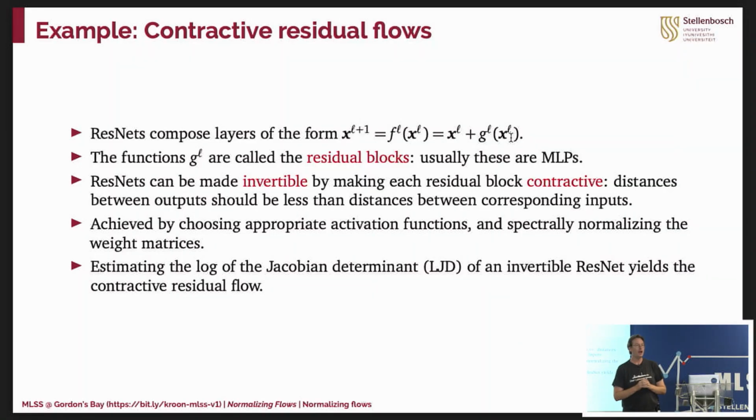If there's M hidden nodes, then it's a rank M update. And so you can control it by just modifying the dimensionality of that residual block. But that limits you to using a very simple MLP structure there. Further work asks, can we generalize what that residual block looks like? And that's the last part I'm going to talk about, contractive residual flows.